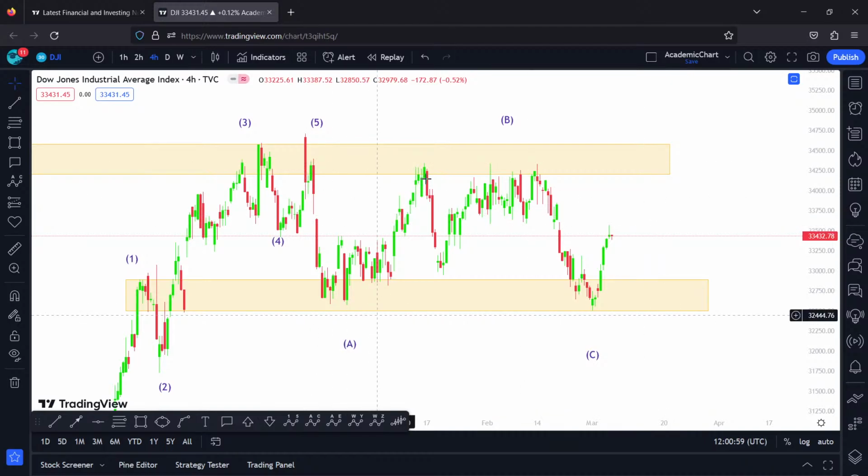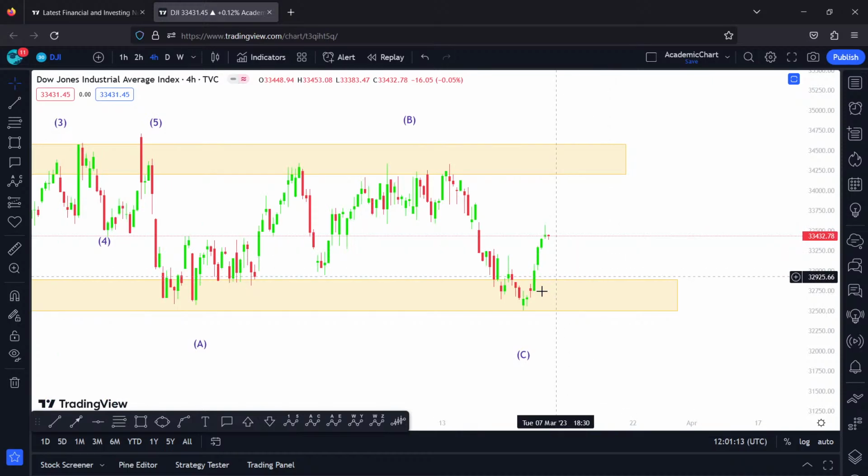So here I have an ABC, and after the C, it seems that these were not really very sharp waves, but I can see a very sharp thing happening here. We are seeing some sort of improvement here. 3 or 4 big candles happen after reaching this point.